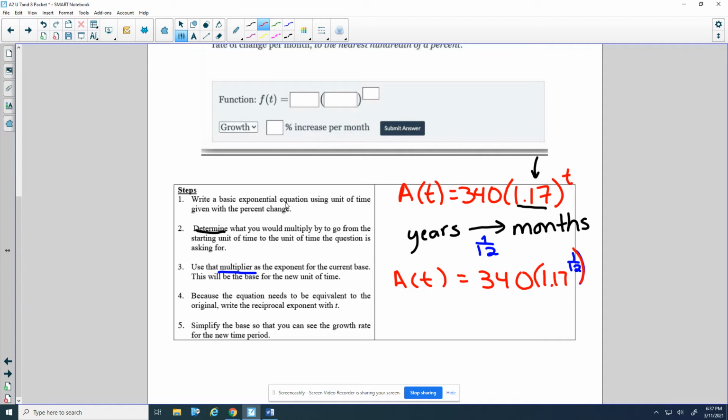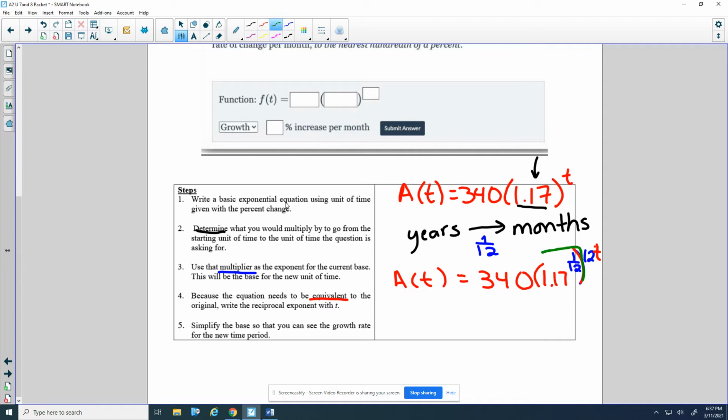If I'm going to put a 1/12 with the 1.17, the equation needs to be equivalent to the original, so write the reciprocal exponent with t. If I'm going to put a 1/12 in there, I'm going to have to put a 12 on the outside. So these two blue parts, the 1/12 and the 12, we could cancel them out and go back to the original equation. This is just rewriting it.